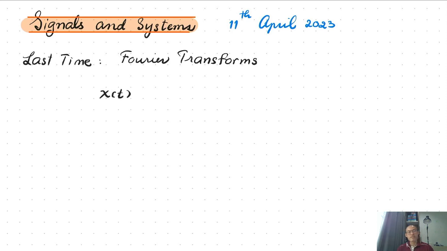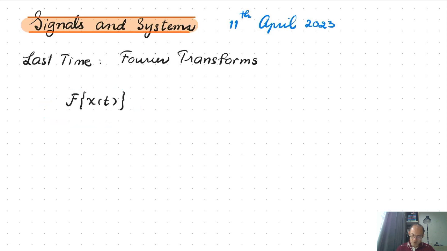The signal x is a time domain signal, meaning that the value of x changes with time, and we're going to perform something on the signal x. That is, we're going to take the Fourier transform of the signal x.